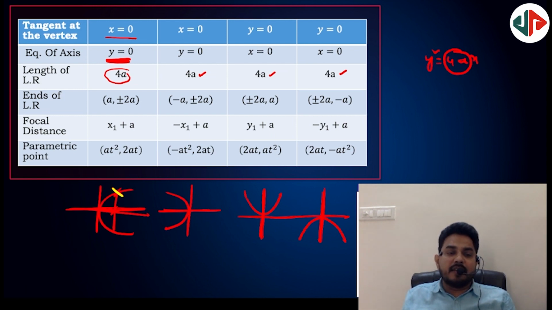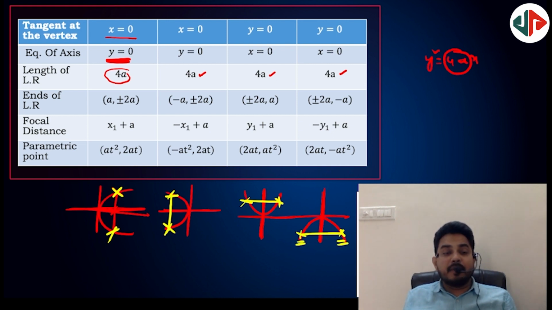For the other parabolas, they are minus a comma 2a, minus a comma minus 2a, then 2a comma a, minus 2a comma a, and 2a comma minus a, minus 2a comma minus a.